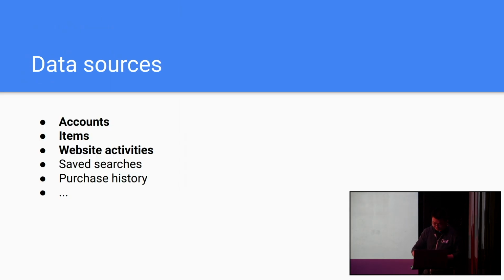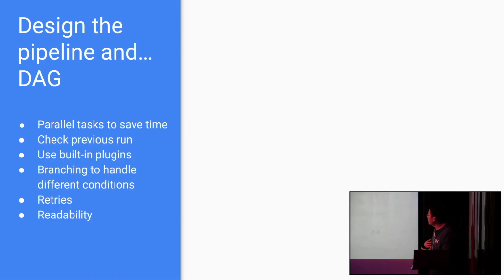When we design the pipeline, there are a few principles that we follow. Like I showed before, if we could have tasks running in parallel, that would save some time. If you are running a really heavy load, having tasks running sequentially compared to in parallel, the latter tends to save some time.